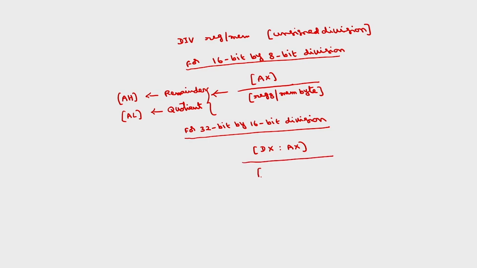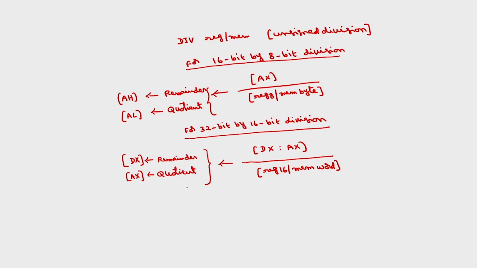And then the divisor will be 16 bit register contents or memory word. Again, as the result, the remainder will be stored in the higher order register, which is DX, and the quotient will be stored in AX. This is about 16 bit by 8 bit division and 32 bit by 16 bit division.